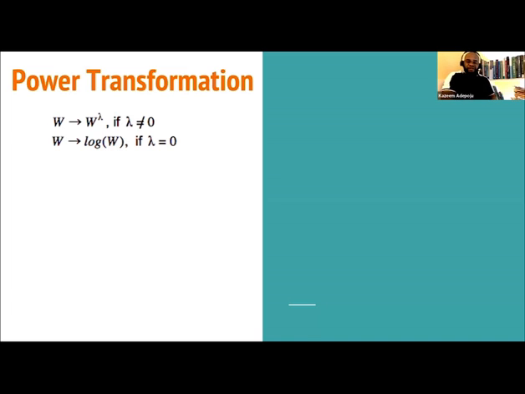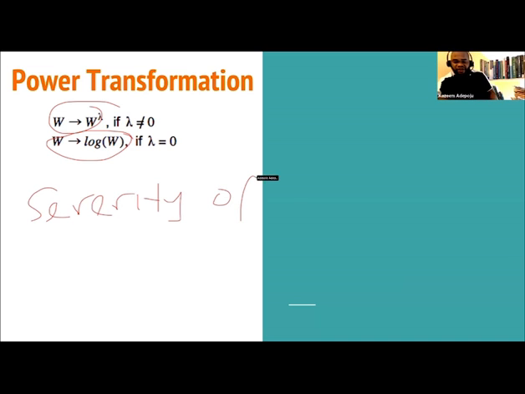Only that whether you're going to apply this one or this one depends on the severity of the violations that we talk about.